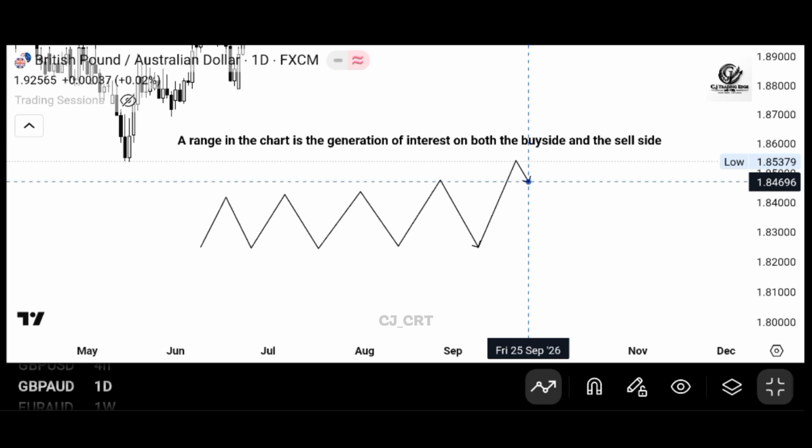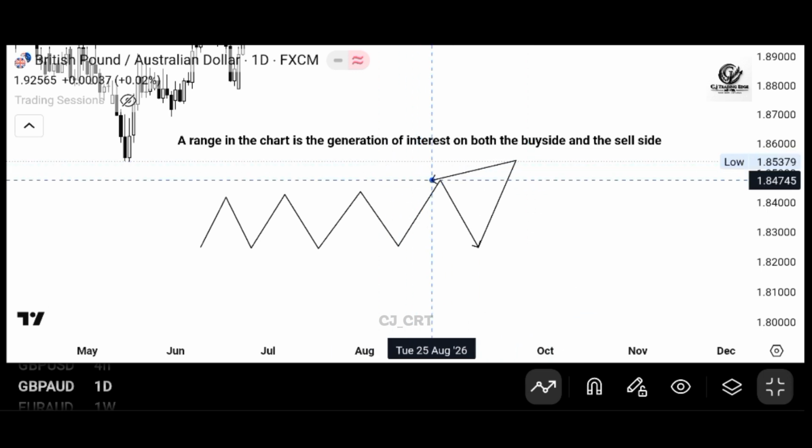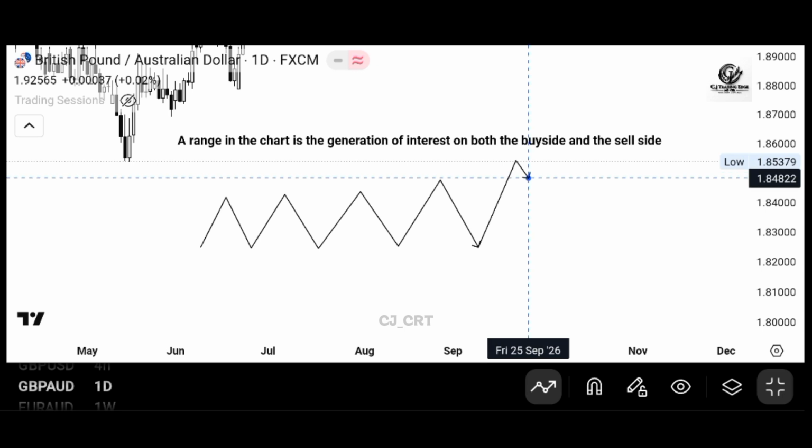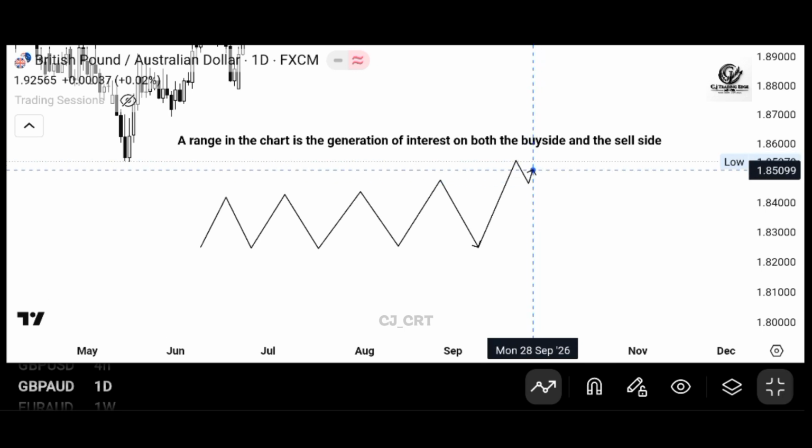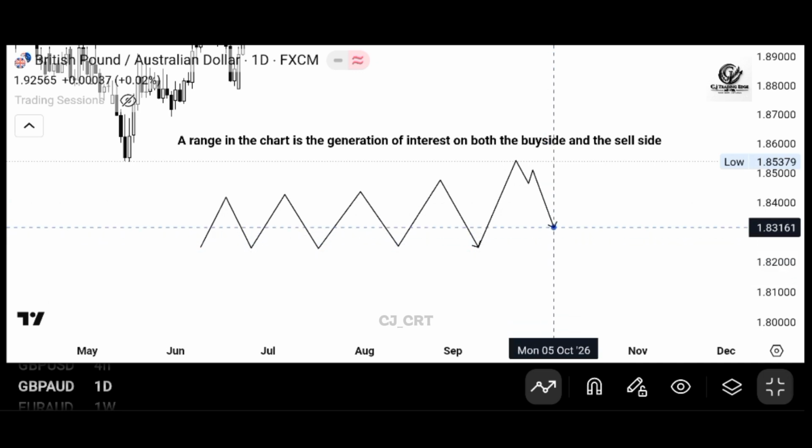Those fair value gaps, or for the CRT traders, you look for the mode 1 entry, which is tick up close candle that took out these levels. And after that, you use the tick up close candle or down close candle to get into the market and then hunt the sell side.